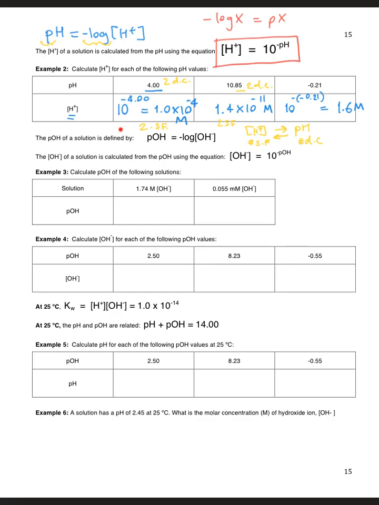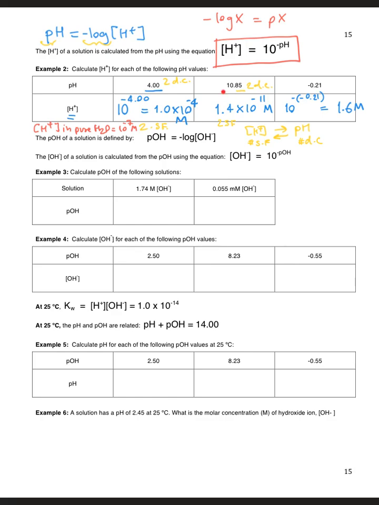This is the main reason why the concentration of proton is a high value, higher than 10 to negative 7, which is the concentration of proton of pure water. So again, the concentration of proton in pure water is equal to 10 to negative 7 molar. And as you see, the concentration of proton at pH 4 is greater than in pure water, so that indicates an acidic solution.